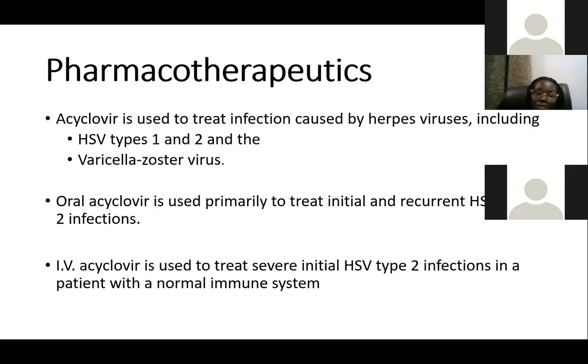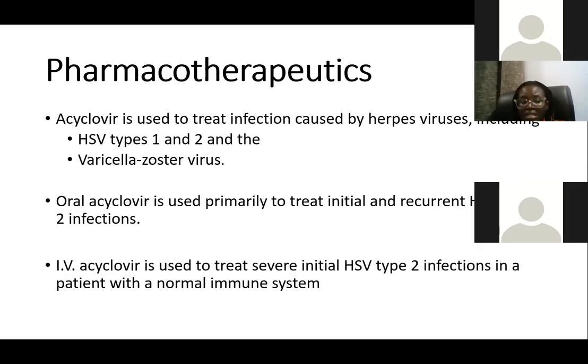So therapeutically, acyclovir is used to treat herpes 1 and 2, as well as varicella zoster virus. This is a virus that causes chickenpox. Then oral acyclovir is used to treat recurrent herpes simplex infections. The IV is usually reserved for very severe infections, especially maybe herpes simplex and meningitis.